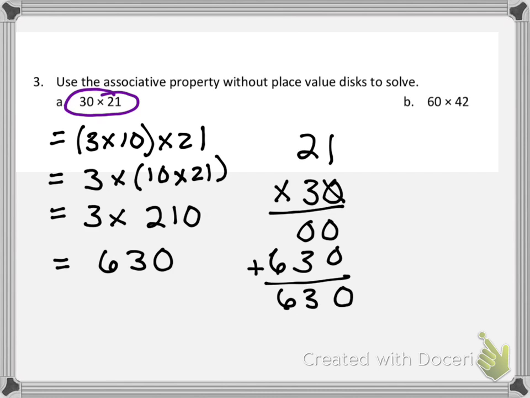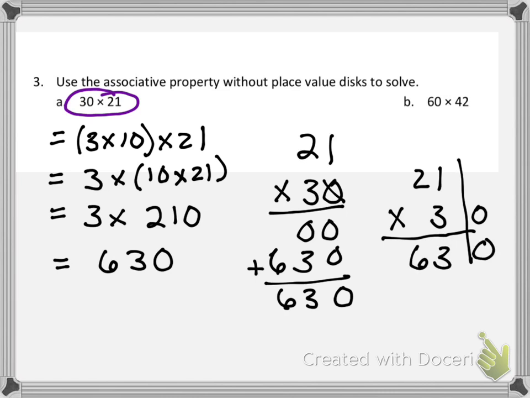Another way to do this, guys, would be 21, I call it the hangout method. Put 0 off to the side. Don't forget about them, and you can get this quicker. 1 times 3 is 3, 2 times 3 is 6, and then bring down your 0. You get 630. So using the associative property really helps us get to a product much quicker by just regrouping the numbers differently.